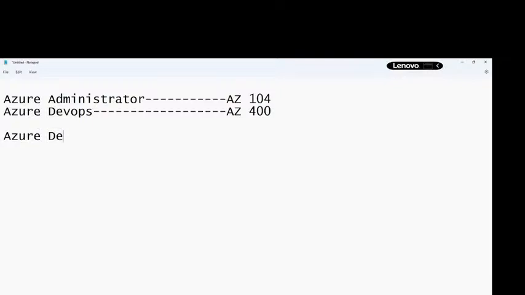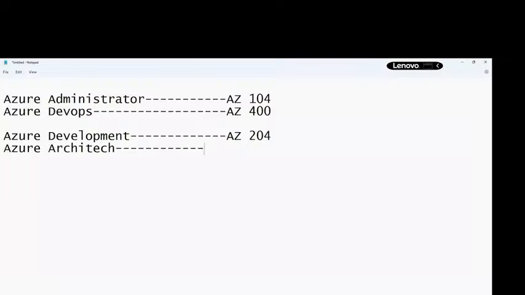In the same way, for Azure development we have AZ-204. Next, Azure Architect is AZ-305. These are the four important certification papers.